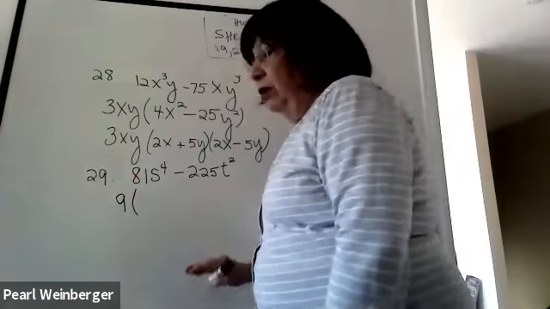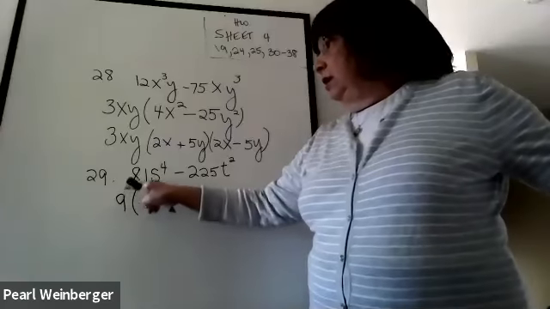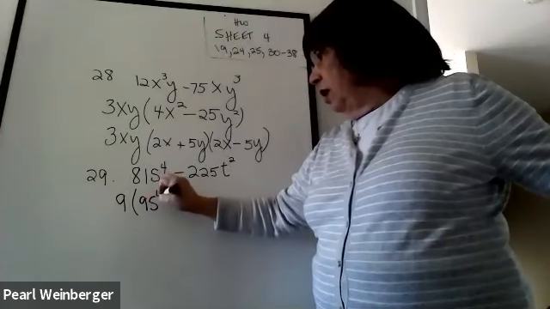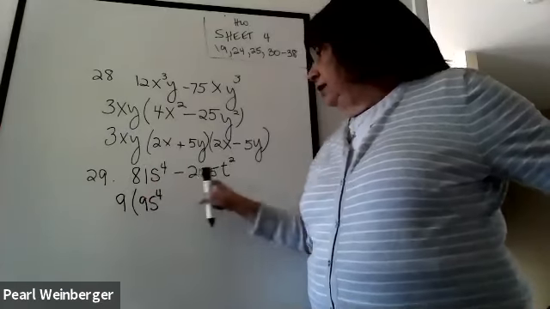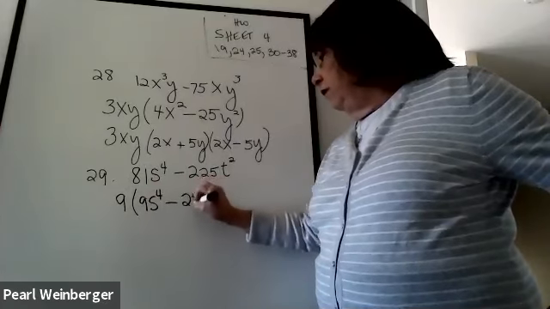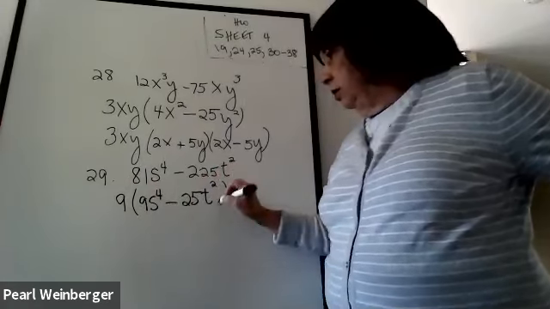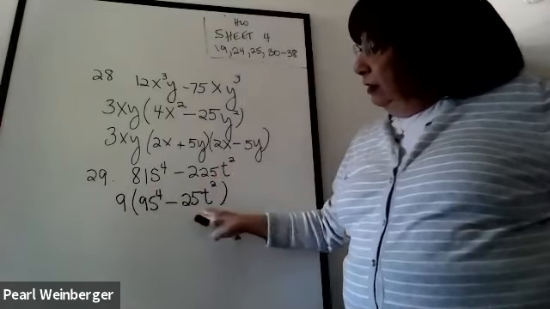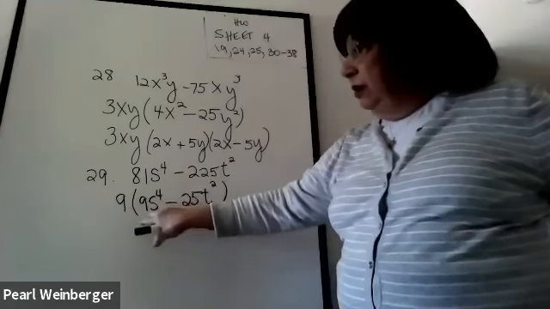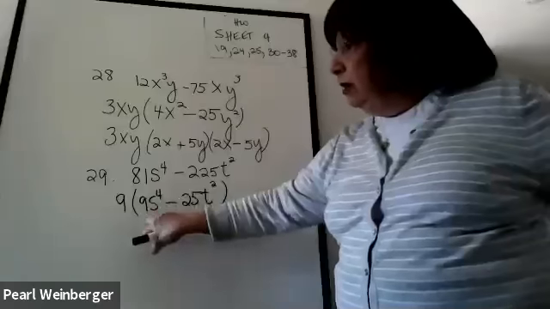Don't assume there's no common factor. Make sure you try. 9 into 81 is 9 s fourth. And 9 into negative 225 is minus 25 t squared. And if you notice, what's inside the parentheses is, again, the difference of squares. 9s to the fourth is 3s squared times 3s squared.